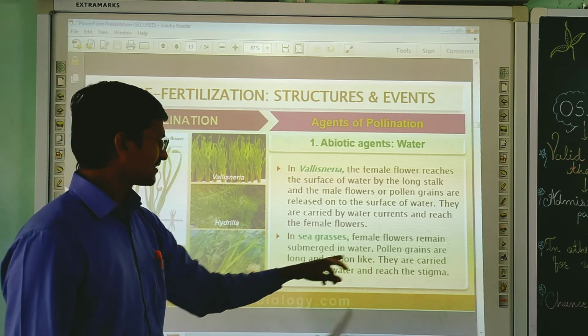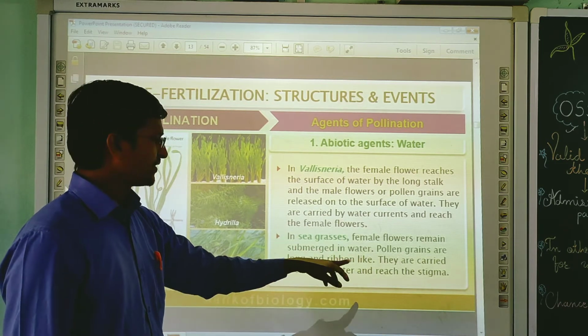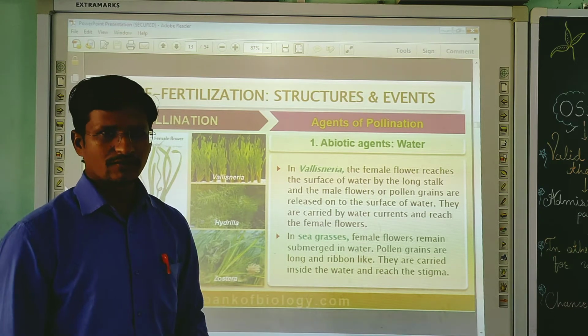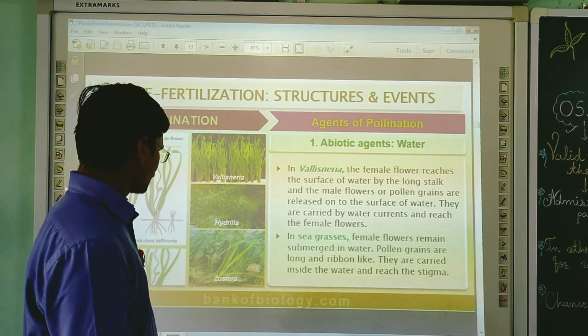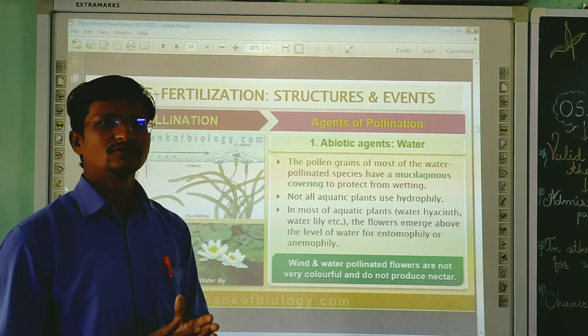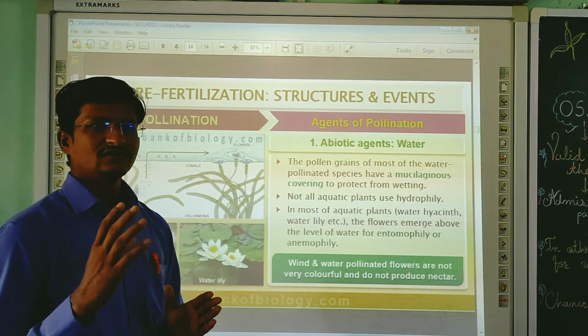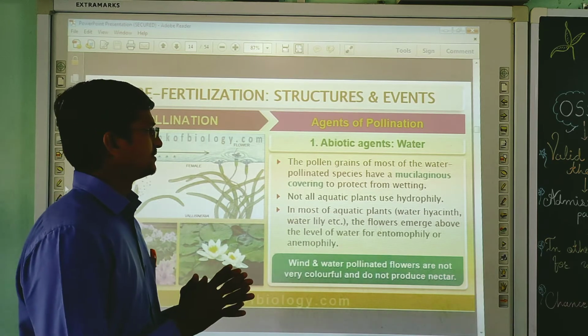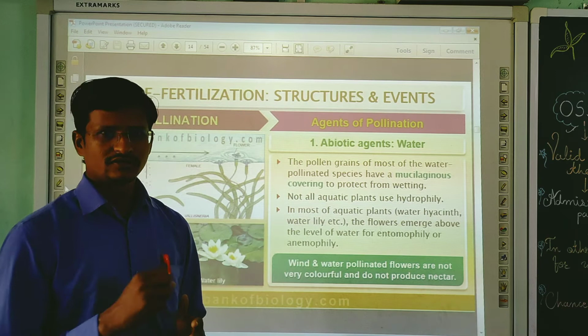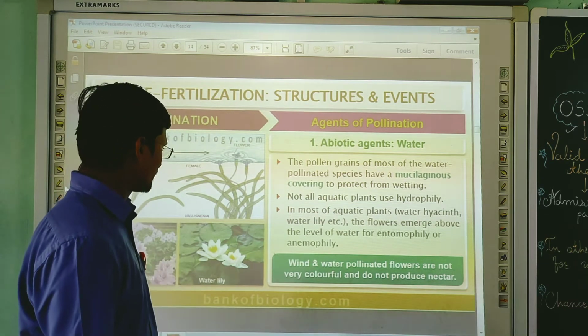Pollen grains are long and ribbon-like. They are carried inside the water and reach the stigma. In the exam, they may ask in MCQ format to name flowers that are pollinated by water.